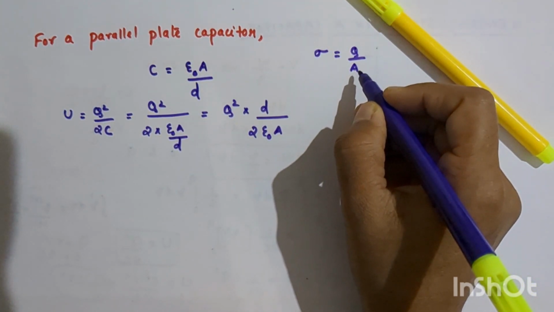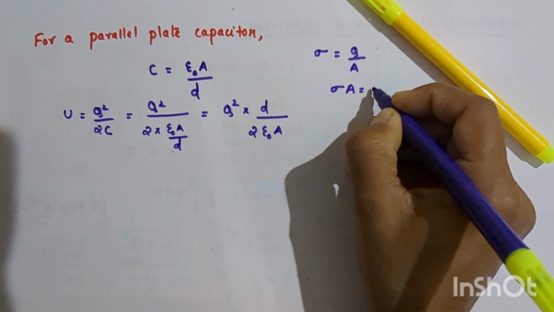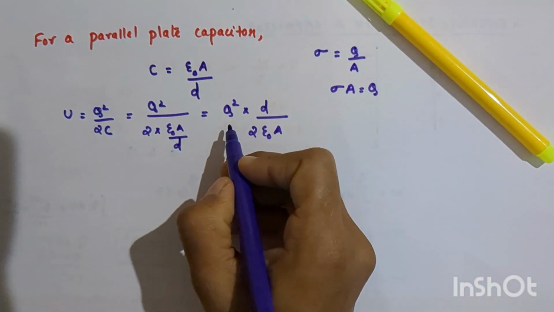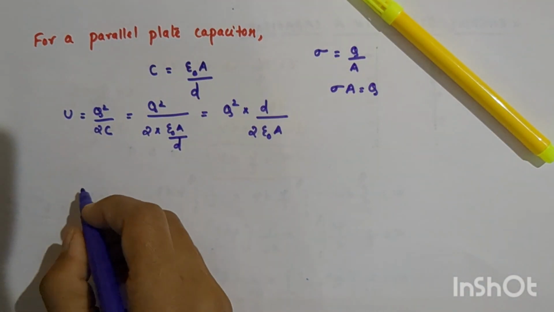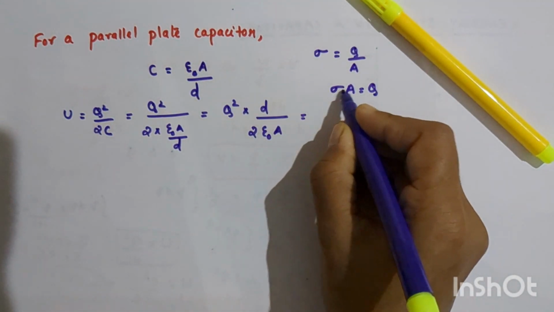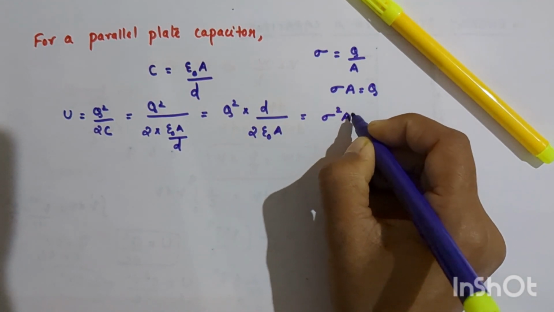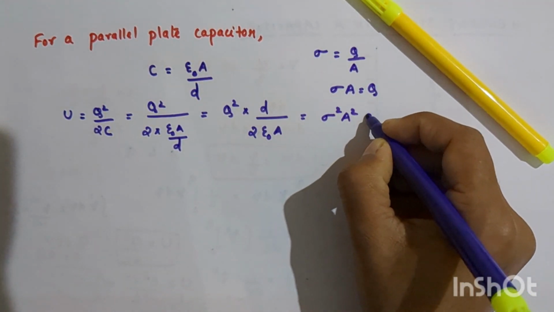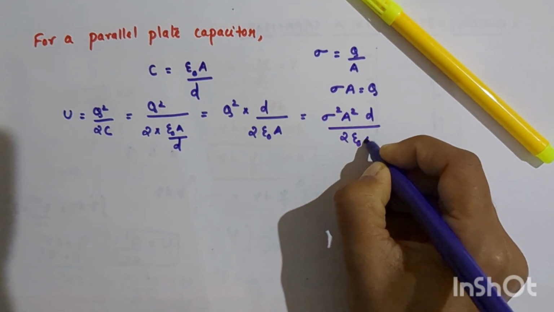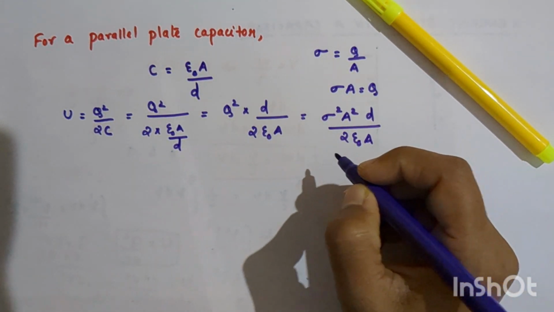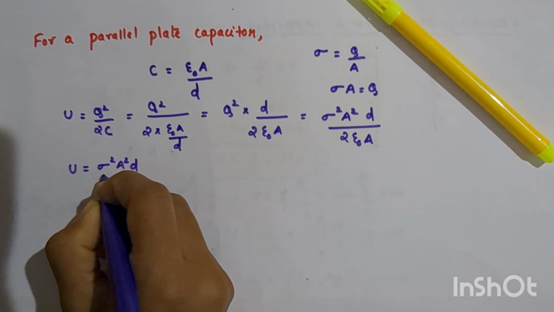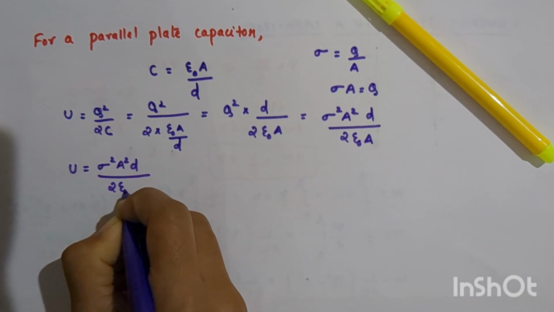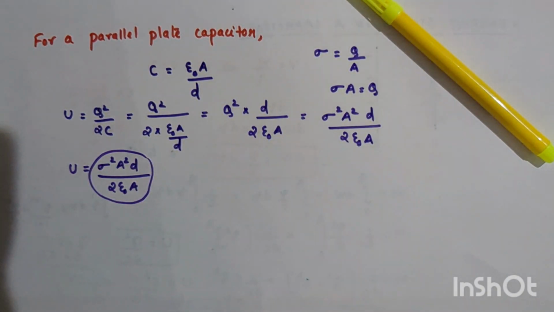So from this you can write sigma into A is equal to Q. So I am going to substitute this Q as sigma A. Q can be replaced with sigma A, so sigma square A square D divided by 2 epsilon 0 A. So we are getting another expression for the potential energy stored as sigma square A square D divided by 2 epsilon 0 A. So this is another expression for the energy stored in a parallel plate capacitor.